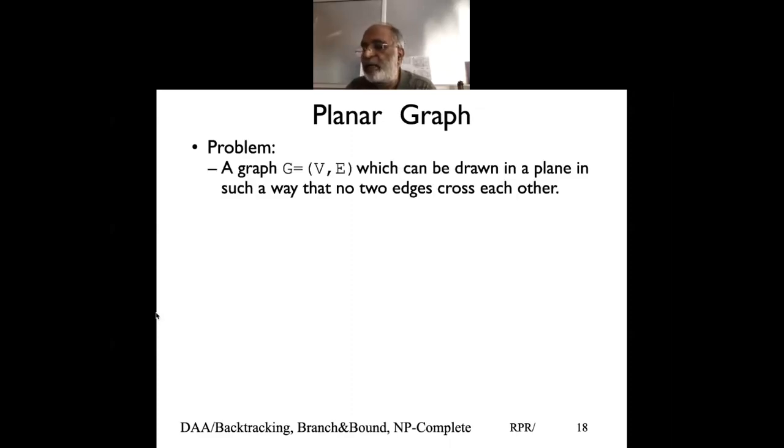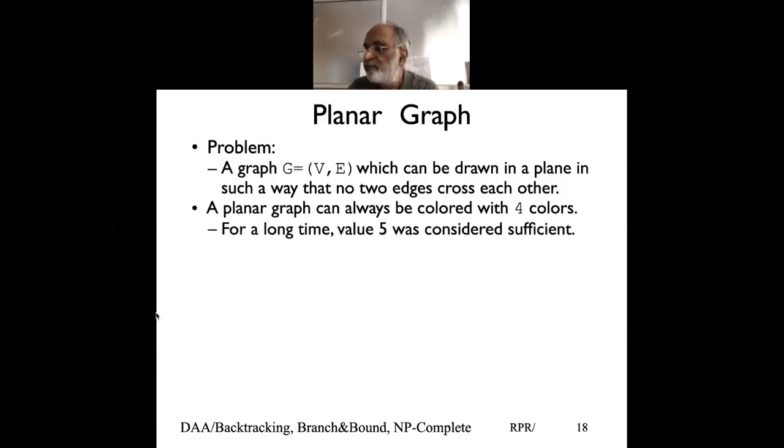So look at the planar graph like a map of a country or a state or a district. It has been proven that any planar graph like our map can be colored with 4 colors. We don't need more than 4 colors. For a long time, 5 was considered optimal, but recently it's been proven that 4 colors are good enough.